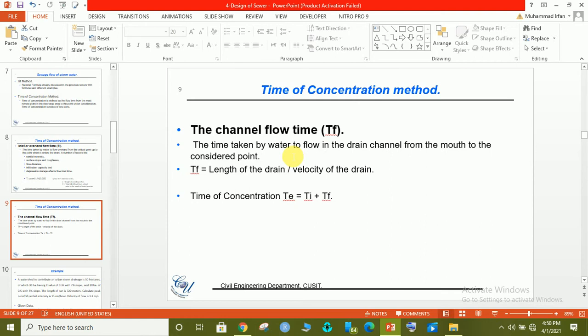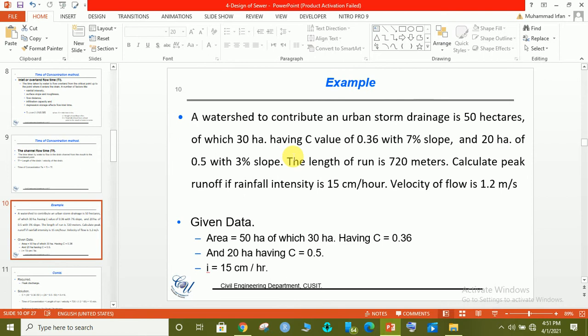Tf is the length of the drain divided by the velocity in the drain. Velocity is equal to distance divided by time, so time is equal to the length divided by velocity. That is the same definition. So the time of concentration is Tc = Ti + Tf. For both, you can just add them.